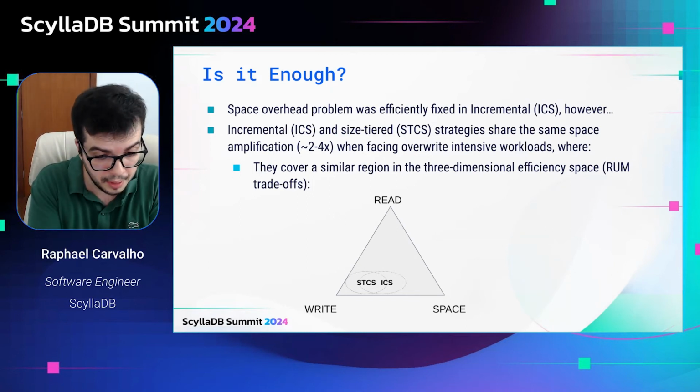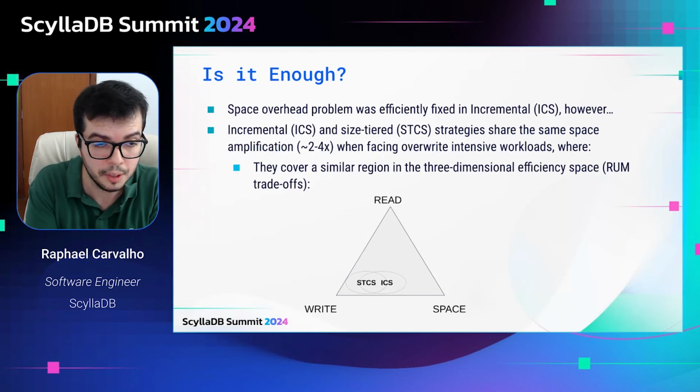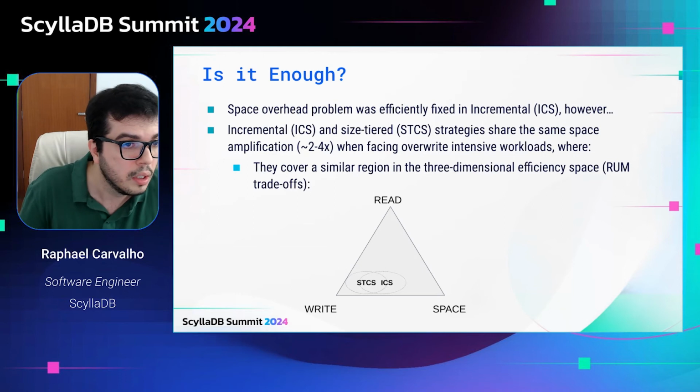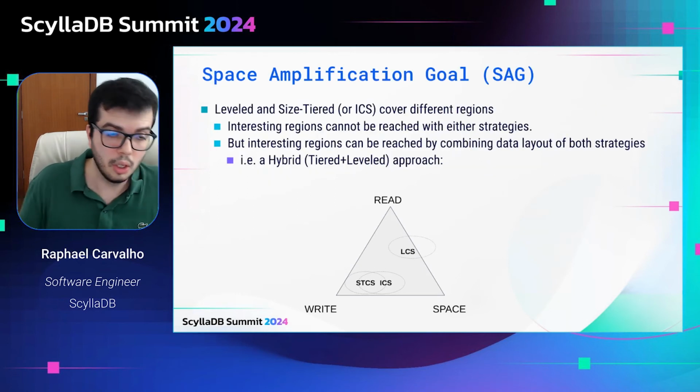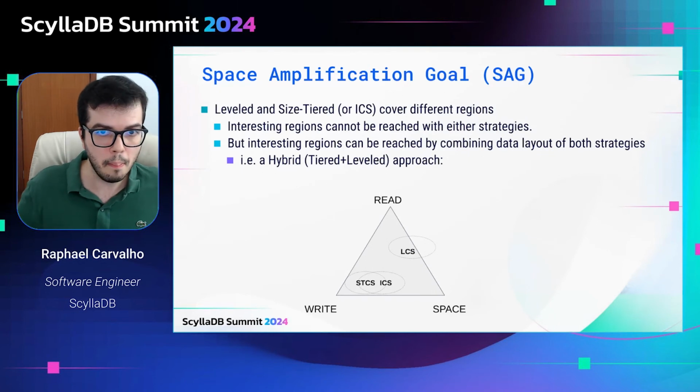So we want something that can be used as a replacement for both ScyllaDB and leveled. So this is the space amplification goal. It's like combining properties of both leveled and the tiered compaction, ScyllaDB compaction strategy.